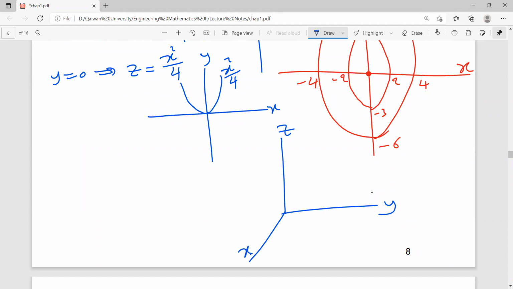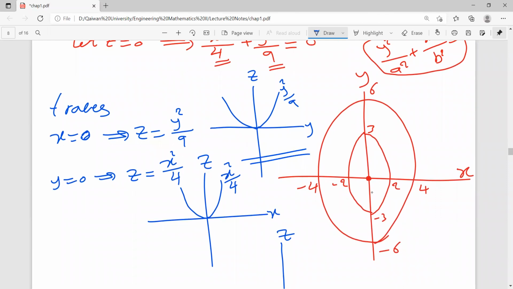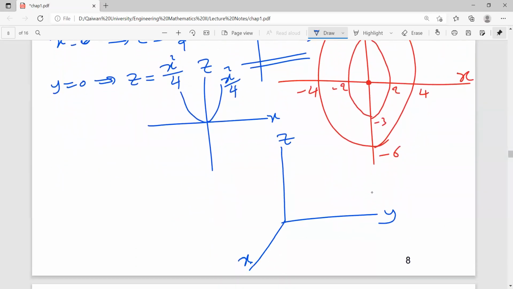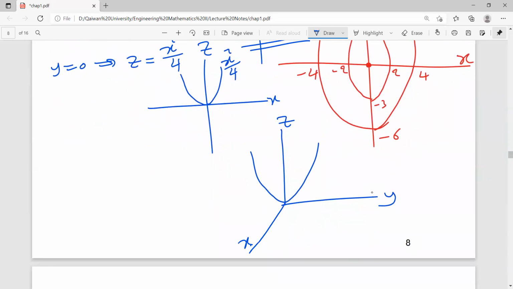So this is z, not y. The graph is like this, and we also have a graph between x and z. It's like that. The other side is not appearing.